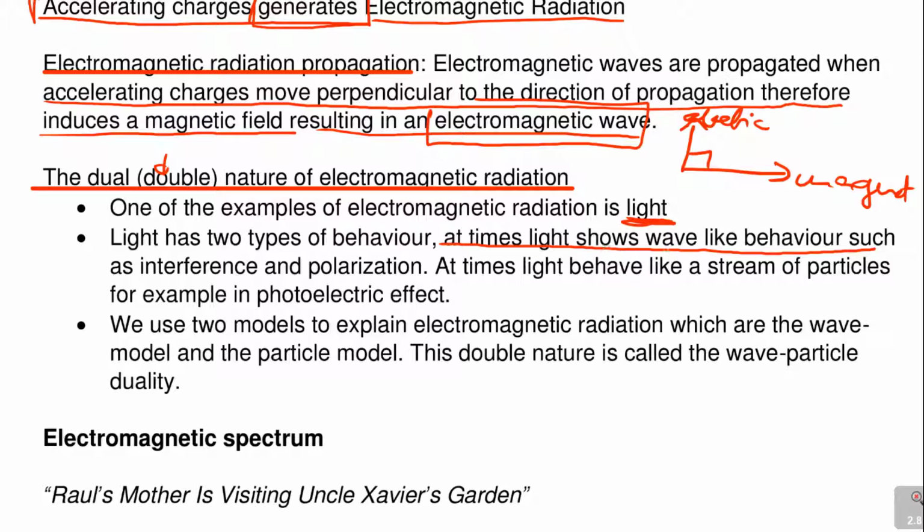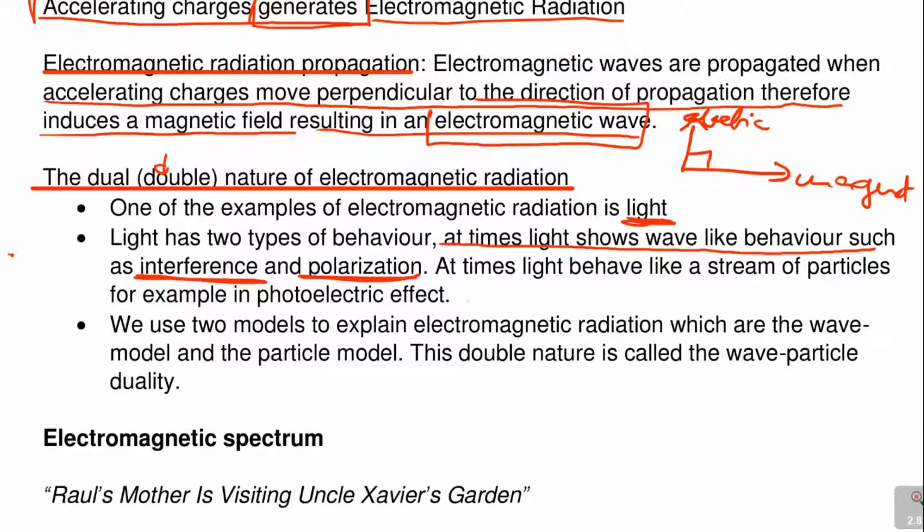For example, what is the wave-like behavior in light? There is interference. Remember, constructive interference, destructive interference, superposition is another word, and then polarization. That is the wave-like behavior of light. So it can show those characteristics.